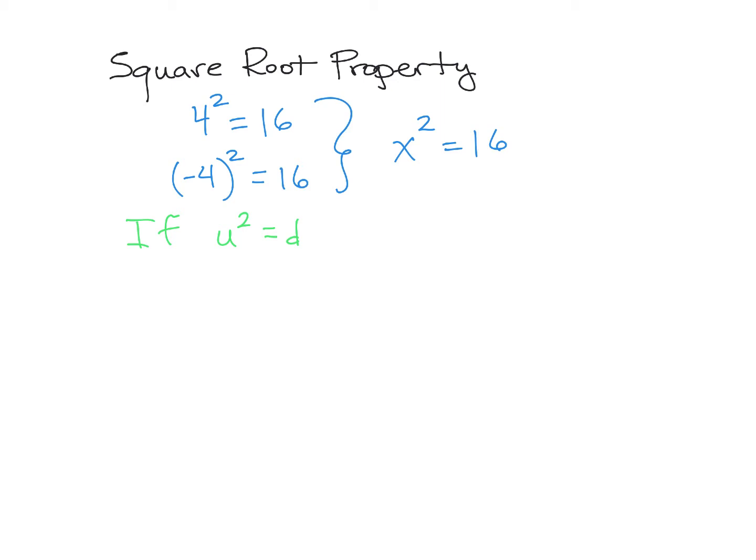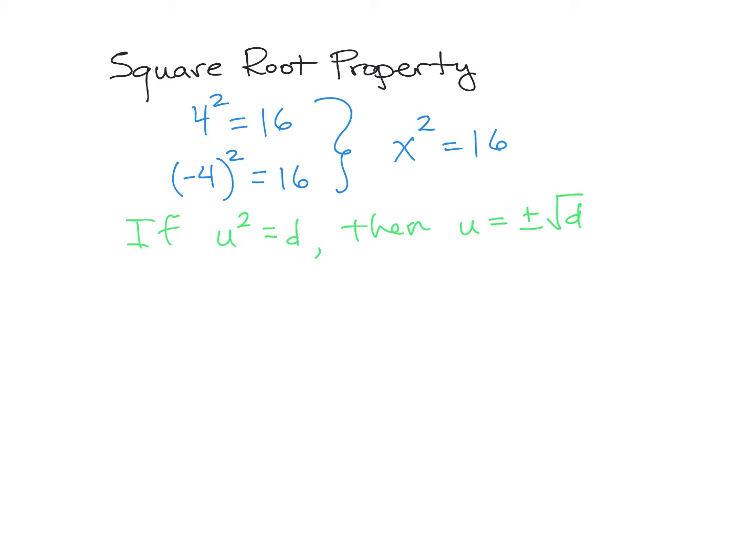It's just some sort of number. So if something squared equals a number, then the squared thing u could equal either the positive or the negative square root of that number. Just like the positive square root of 16 is 4 and the negative square root of 16 is negative 4. That's what the square root property says.